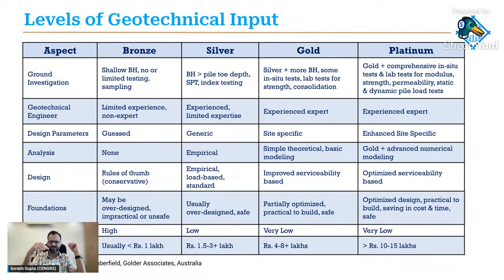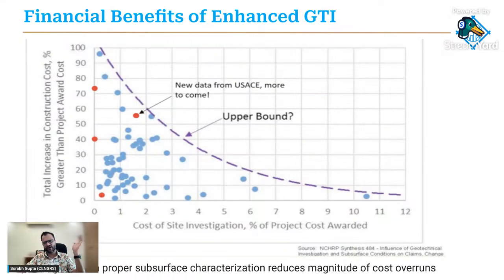While the cost of such a platinum investigation might be slightly higher as compared to a bronze investigation, what you'll find essentially is that you get benefit in terms of reduced cost of foundation. So this is a plot from the NCHRP survey, where you see that as your cost of site investigation increases on the x-axis, as a percentage of your project cost, there is some reduction in your foundation cost on that project.